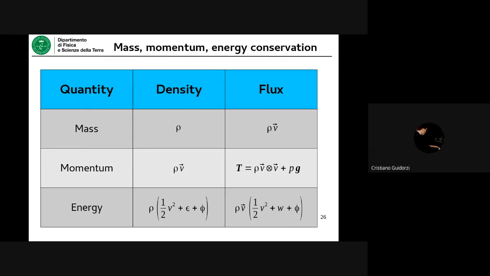But I would like you not to confuse the mathematical aspect, which is a little bit boring, let me say, with the physical meaning, which instead has to be crystal clear. And in particular, this table is a powerful summary of what we've come up with and what we should remember and what we will be exploiting next week when we will be applying all these conservation laws to the shock waves, which is the most important topic that we will be focusing on next week.